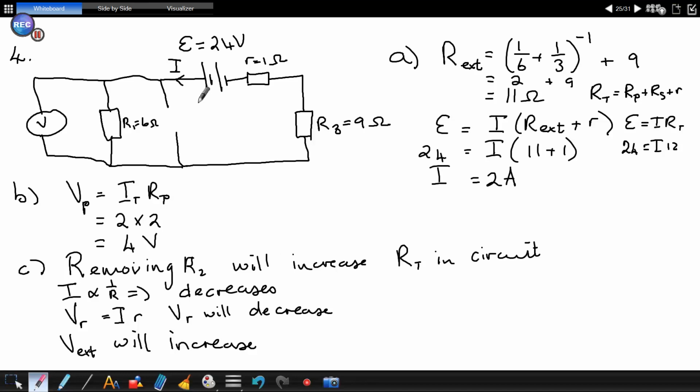The total V external will increase. What will happen to the voltmeter reading? Will it increase or decrease? So V external will increase, and the voltage of the 9 ohm will do what?